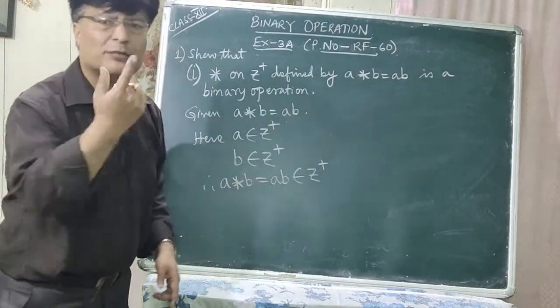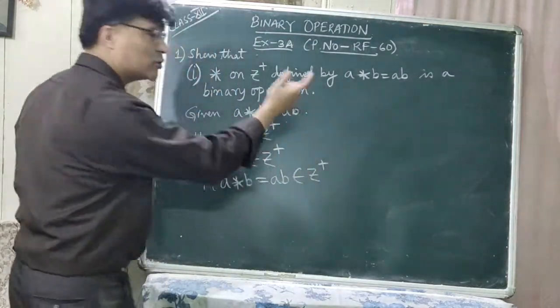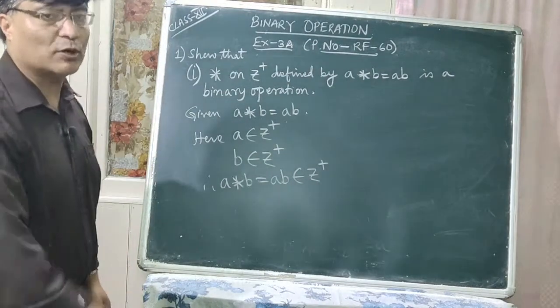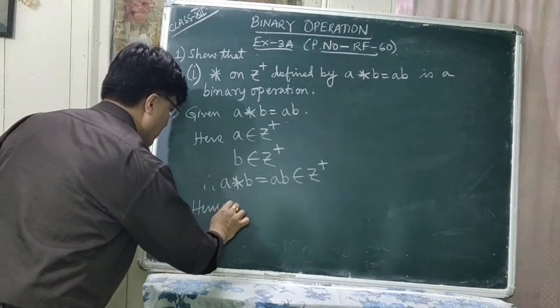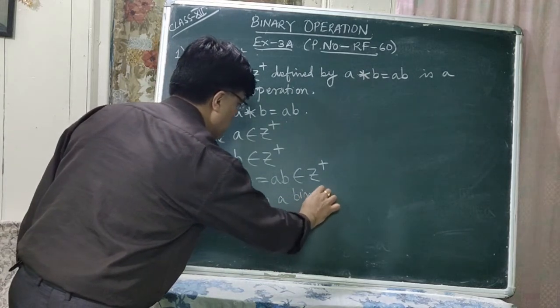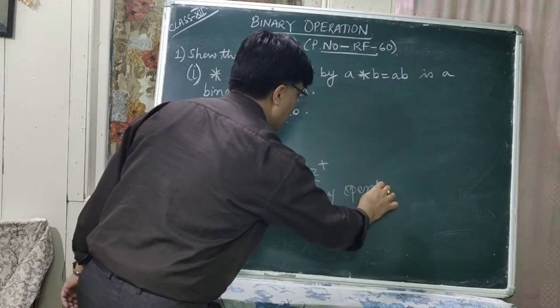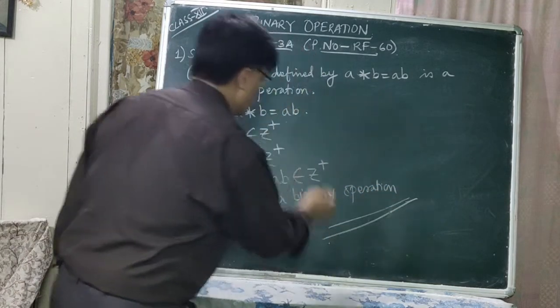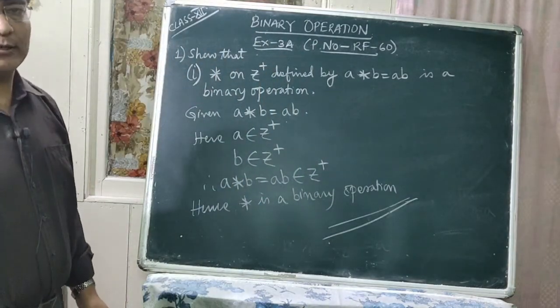Plus 2 into plus 3 is plus 6, isn't it? That means A into B also belongs to Z plus. That is your positive integer. So hence star is a binary operation. So it is proved. Okay, so that is the definition of binary operation, isn't it?